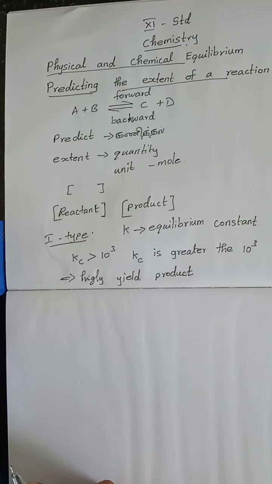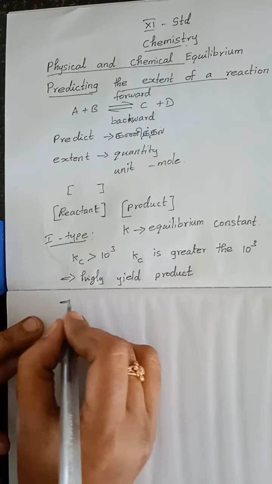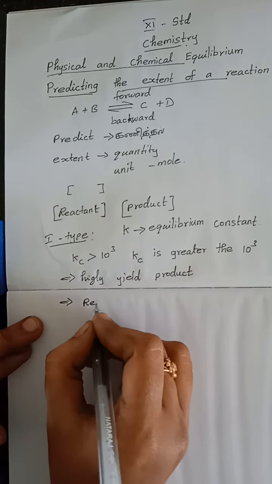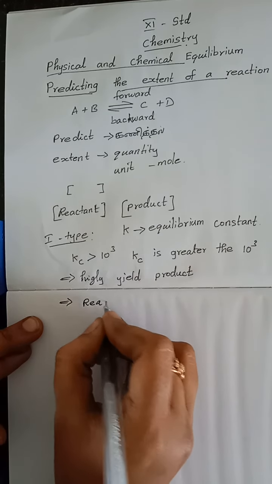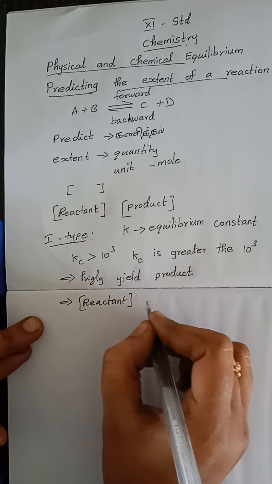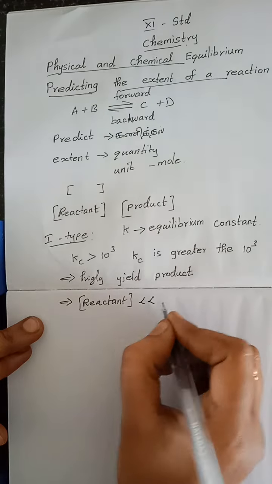The first point is high yield of product. Then the second point is that the reactant concentration is less than the product concentration. Concentration means the square bracket. Reactant is less than product.